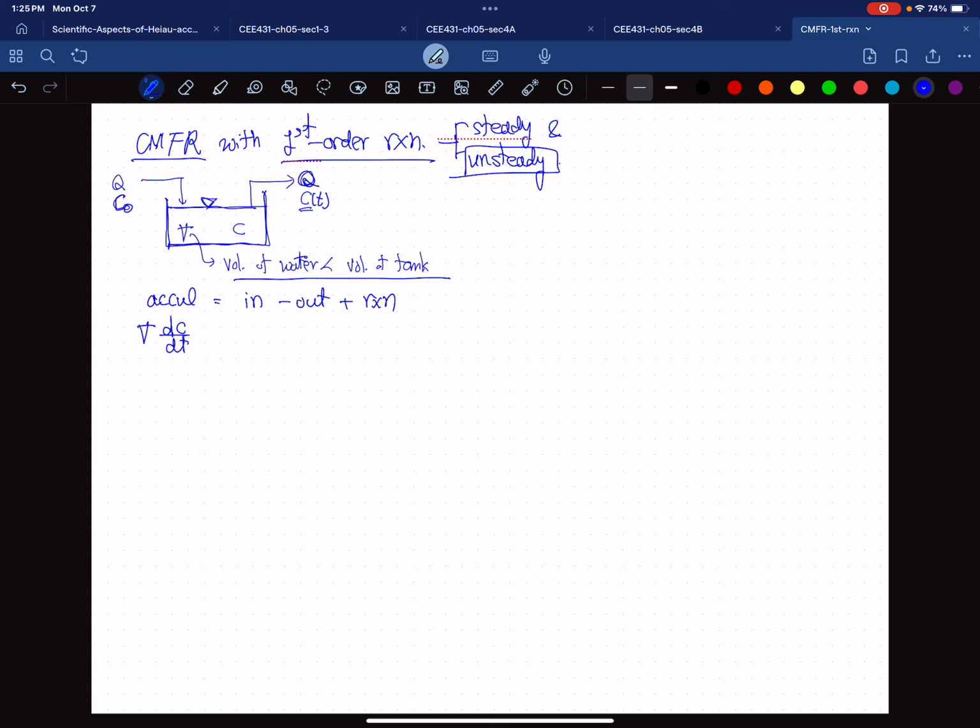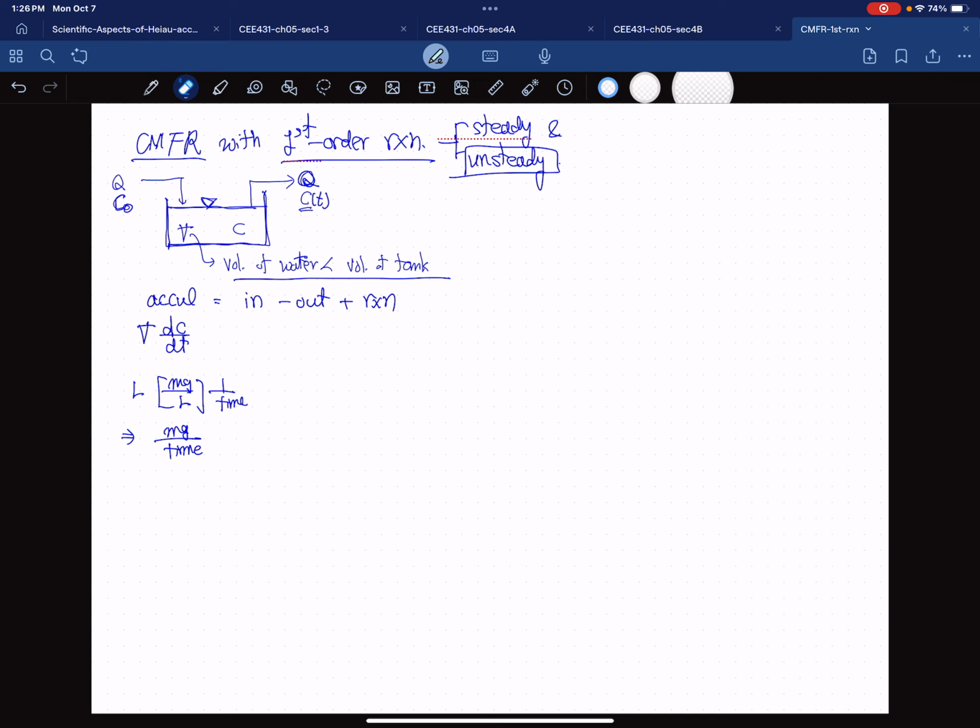This C is milligrams per liter, and volume dimension is liter, and then you have time. So the ending unit is milligrams per time: how fast this mass is changing with respect to time within this reactor of volume V.